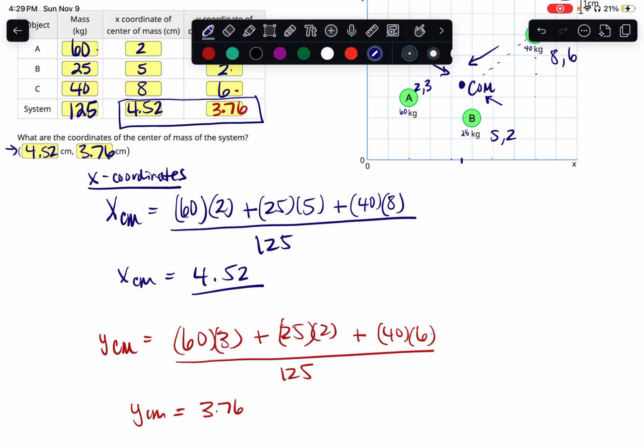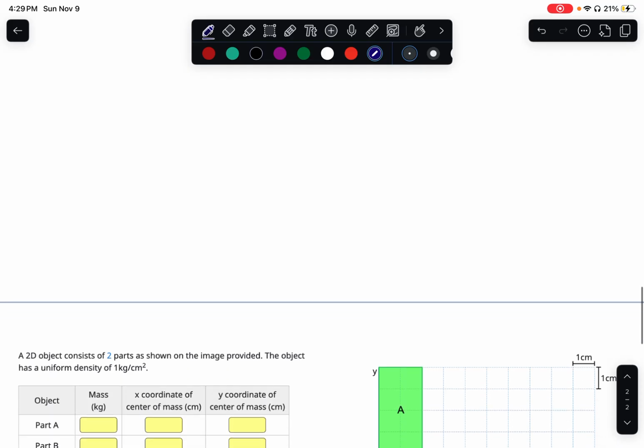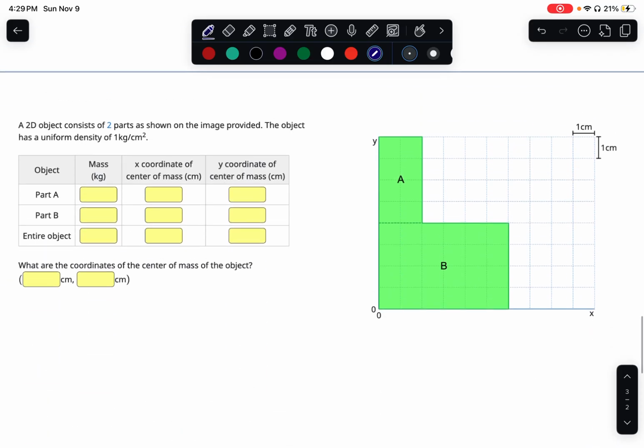Okay, the last type I'm not going to solve completely, but just give you an idea here. So for these shapes, they have a uniform density, and 1 kilogram per square centimeter.